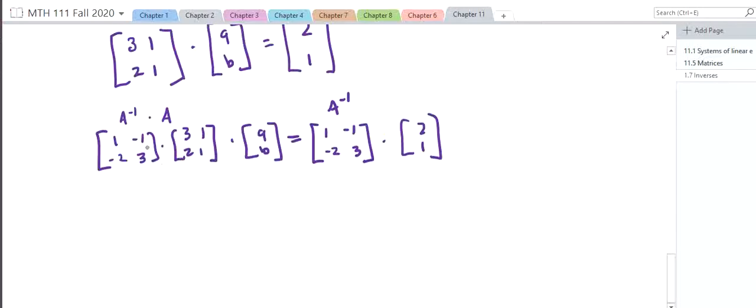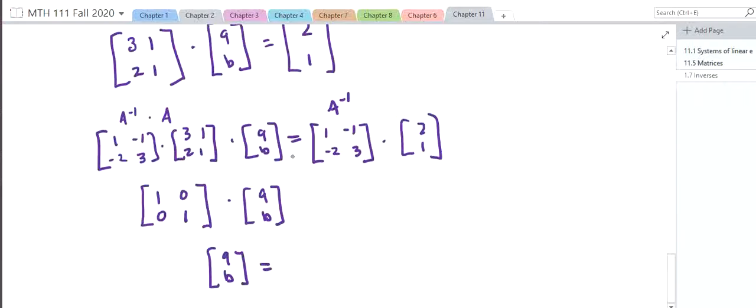Well, we know this equals the identity matrix. You can work it out again if you want to. And what is the identity matrix times any matrix? It is that matrix. So now over here we have to actually do this operation. We have to do 1 times 2 plus minus 1 times 1.